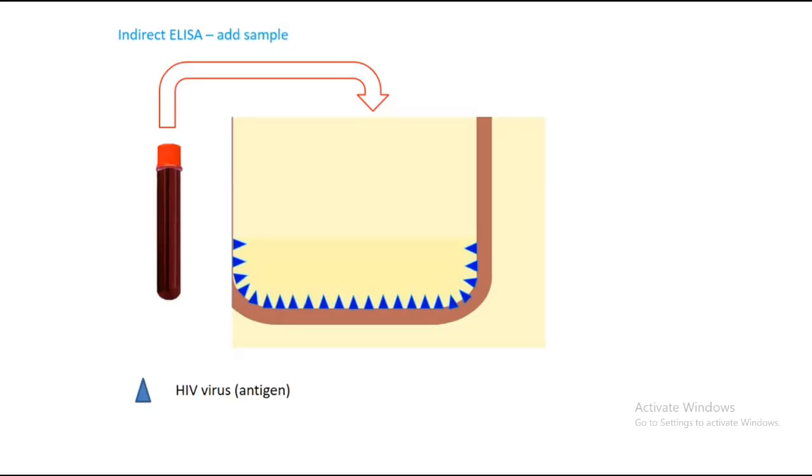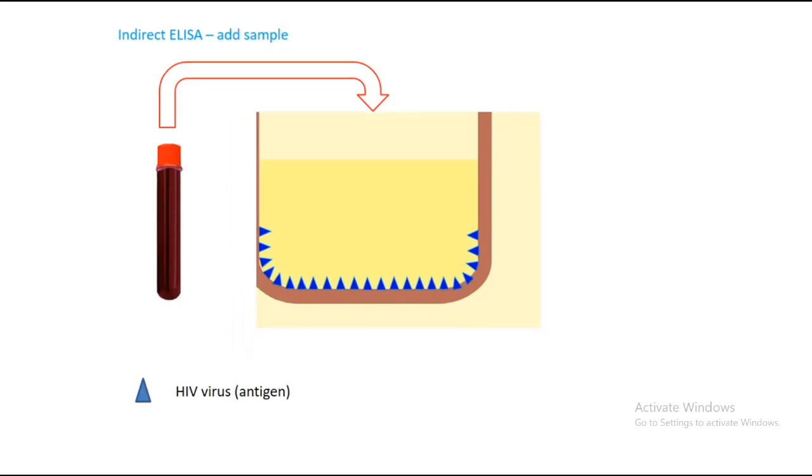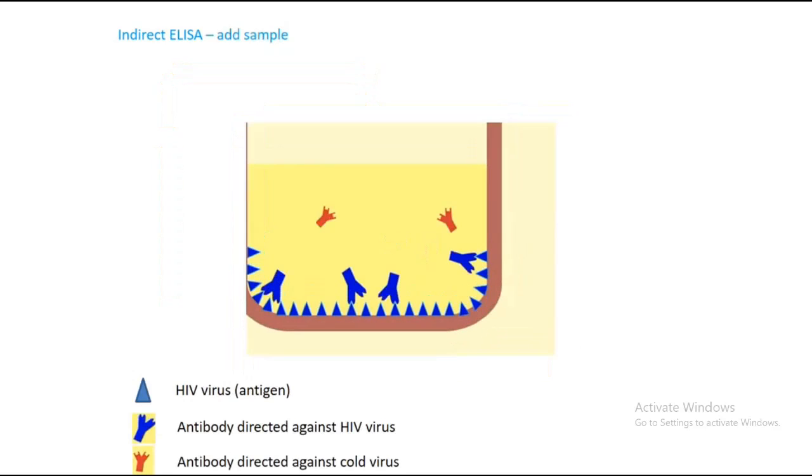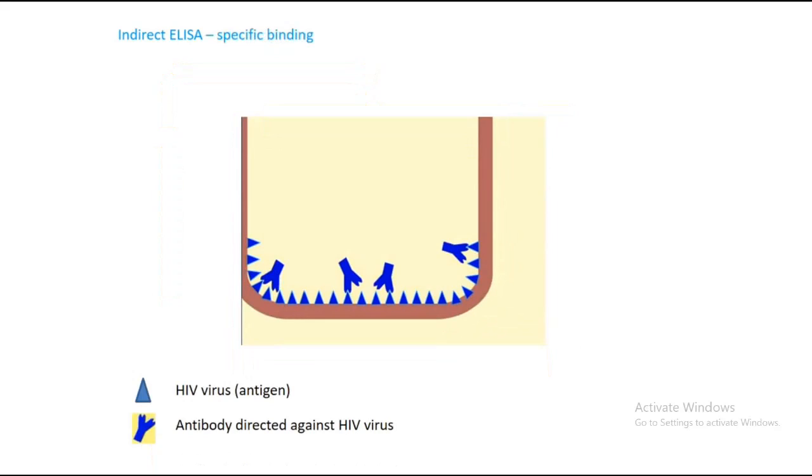Okay, and if it contains antibody directed against HIV, when you add it, the antibody will attach to the HIV, and the other antibody that's not directed against HIV will be washed off. So now we have HIV antibody immobilized in the plate because it's attached to the antigen. But at this stage, we have no idea of how much antibody is present.